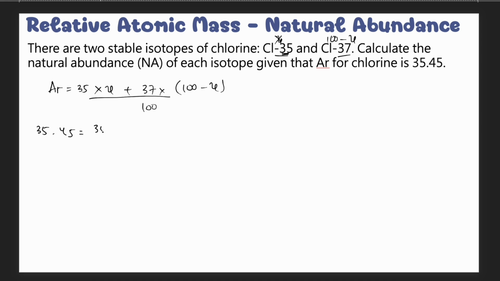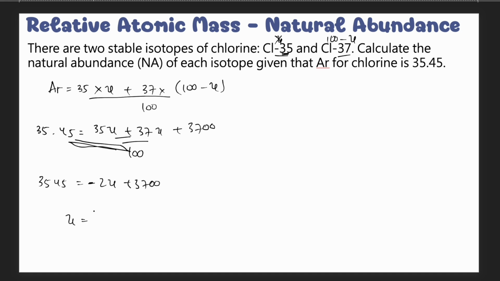So 35x plus 37 times 100 minus x, which gives 3,700, divided by 100 equals 35.45. We multiply this out, so 3,545 equals minus 2x plus 3,700.